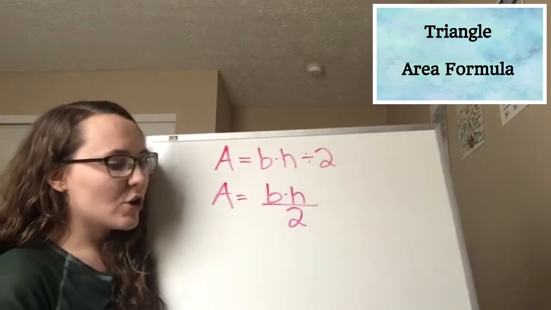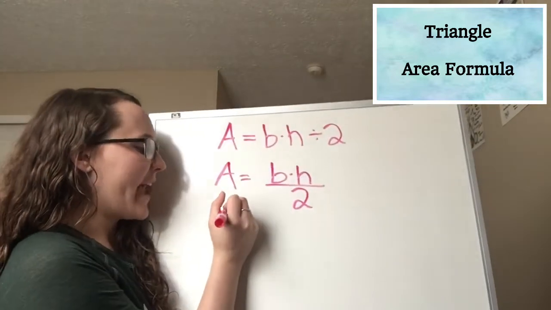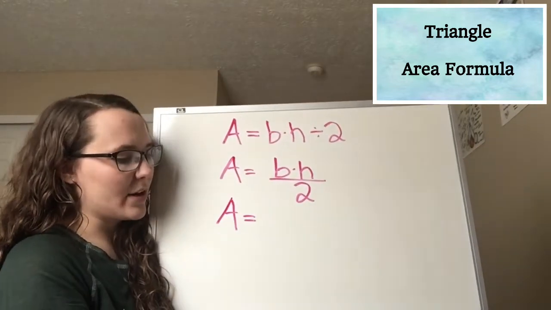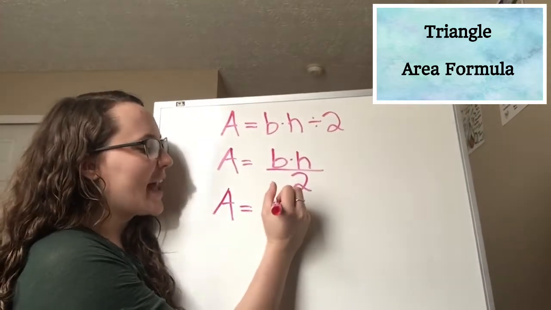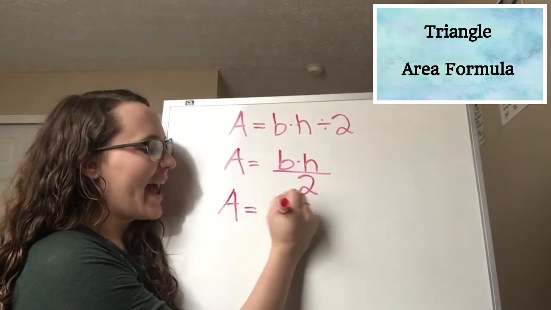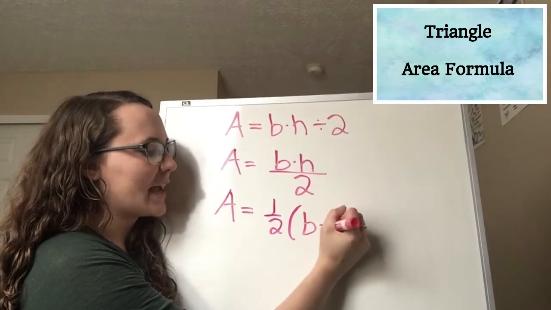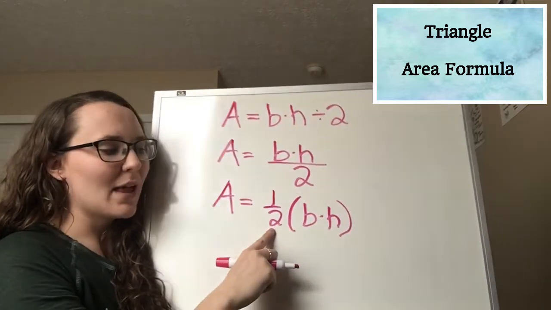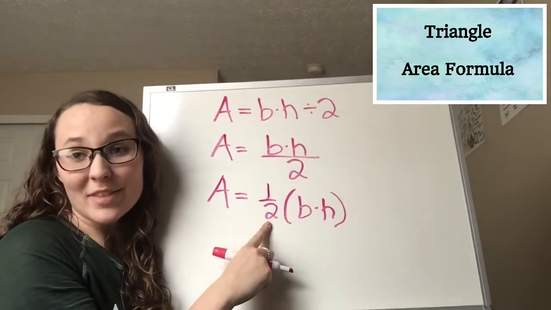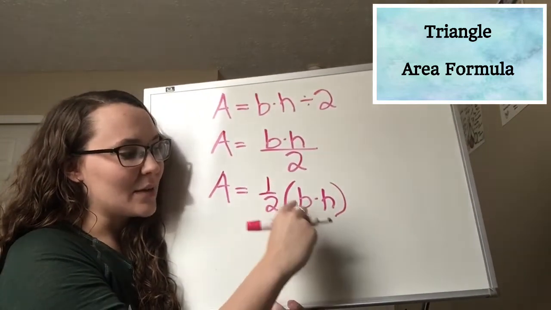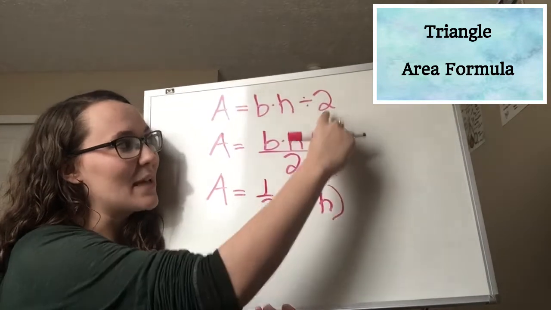The last way you could write the area formula of a triangle is you could say the area of a triangle is 1/2 times base times height. Remember, when you're multiplying by 1/2, it's the same thing as dividing by 2.